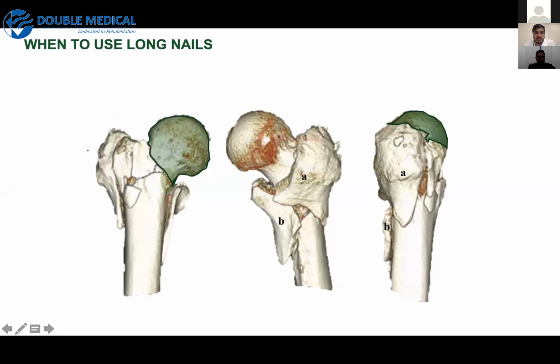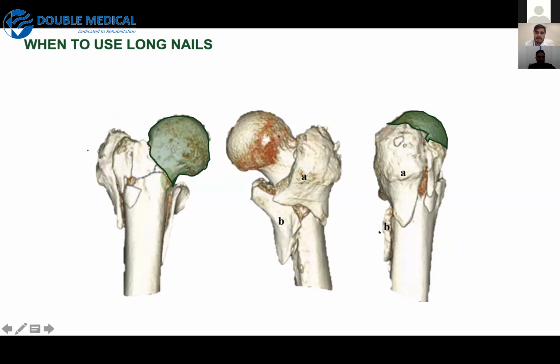When to use long nails is also important because, like I said in the beginning, you may have little contact support, little buttress support between the head and neck and the shaft because of a comminuted type 31-A3 fracture with comminuted greater trochanter and lesser trochanter.